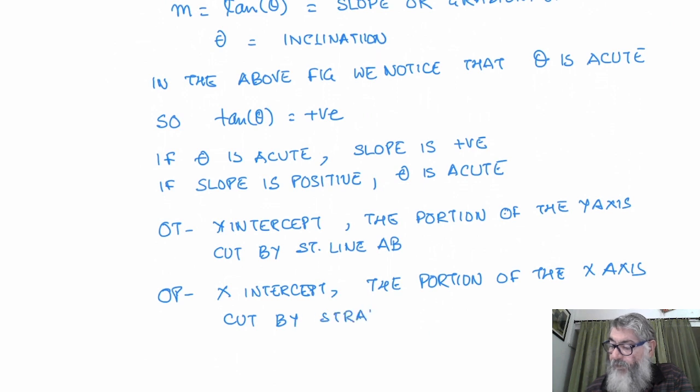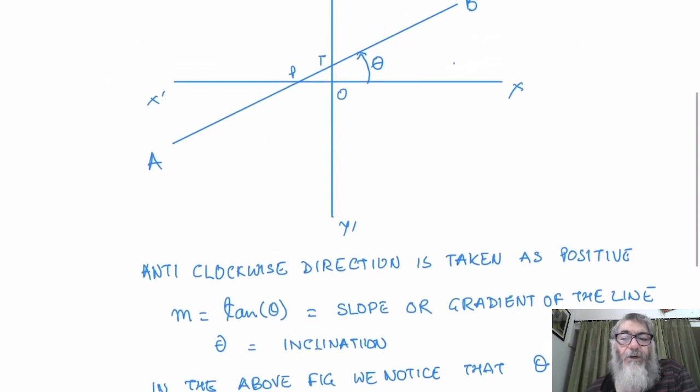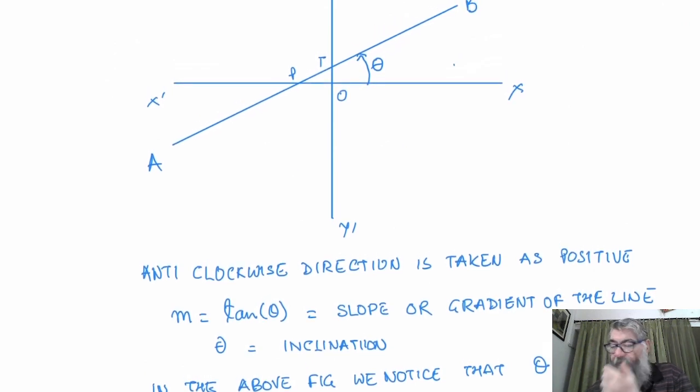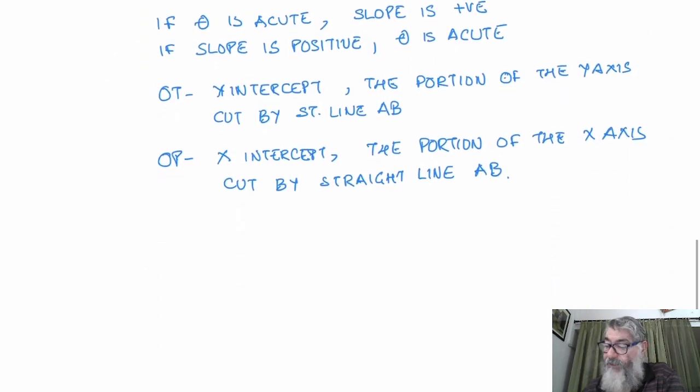So we discussed the inclination, the slope, the x-intercept and the y-intercept. You must have done this, I'm sure, in standard 10th. But when we are discussing the linear function, this is part of what we are going to discuss. Now, let me make another figure.